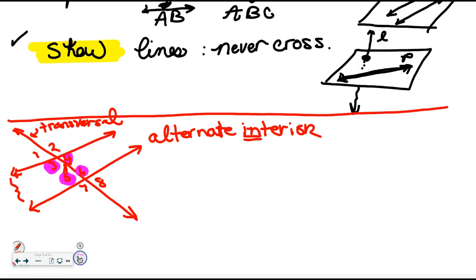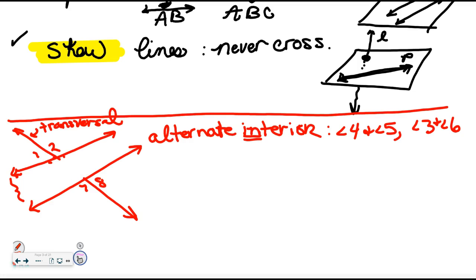So that'd be 4 and 6. Do you see how they're across from each other? And 4 and 5. That's a 5 right there. So angle 4 and angle 5. They're inside and across from each other. Angle 3 and angle 6. Those are alternate interior.